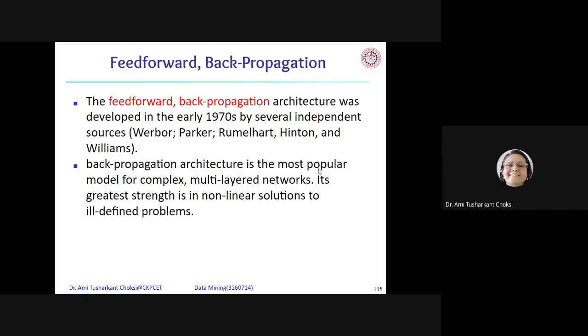Now, feed forward back propagation. The feed forward back propagation algorithm was developed in the early 1970s by several independent sources. Okay. Back propagation architecture is the most popular model for complex multi-layered networks.